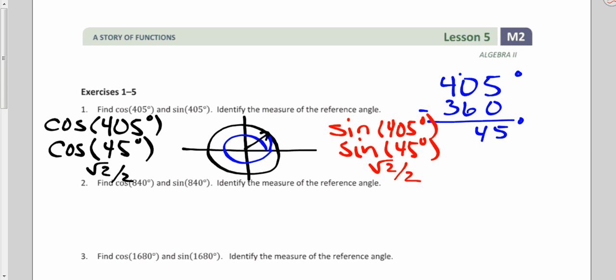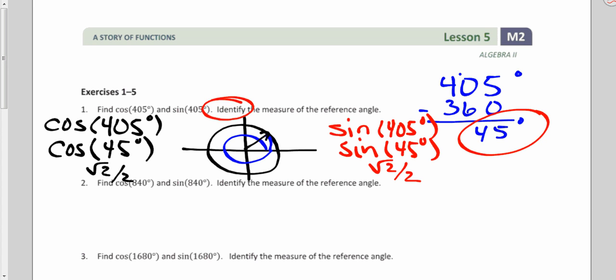Now, we kind of ignored this part yesterday: identify the reference angle. What is the reference angle? In this case, it's 45. I don't think I did a good job yesterday telling you what a reference angle meant. Now I'm going to give it out. It's the angle measure between my ray and the nearest x-axis.